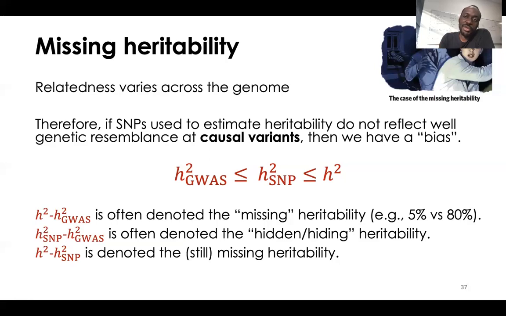Therefore, there will be a gap between H-square SNPs, based on an arbitrary set of SNPs, and the total heritability. Even if we take the set of SNPs to be as large as we can, that still missing heritability would likely still be there, but it's not known at this point how much we can shrink it, for example by using whole genome sequencing data. I will touch on that in the final part of the lecture.